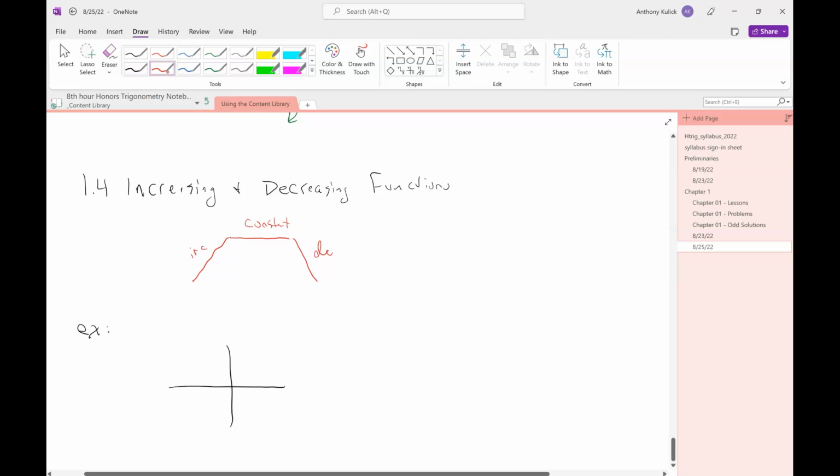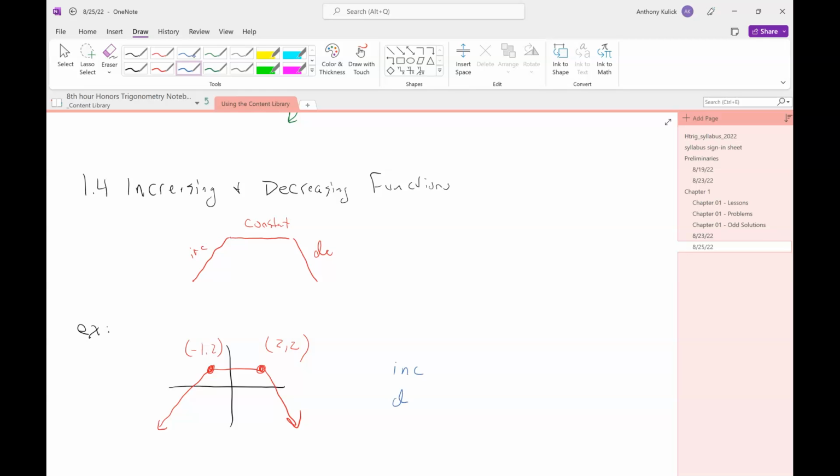Say we have this here, and I want to write down the intervals of increasing, decreasing, and constant. How many increasing intervals do we see? I see one, right?